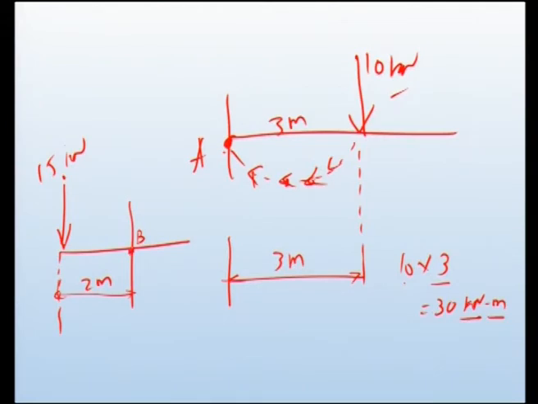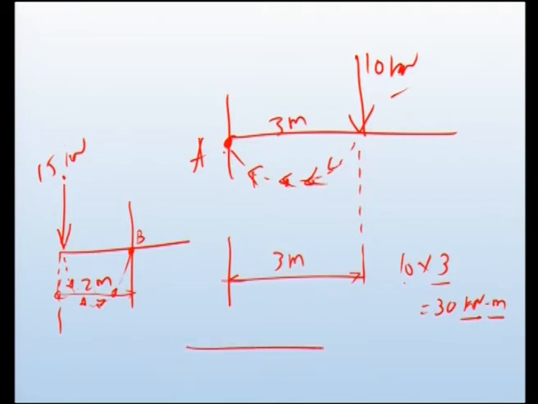So, moment will be 15 into 2, and if you connect the arrows, they themselves indicate the nature of the moment. This will produce an anti-clockwise moment.